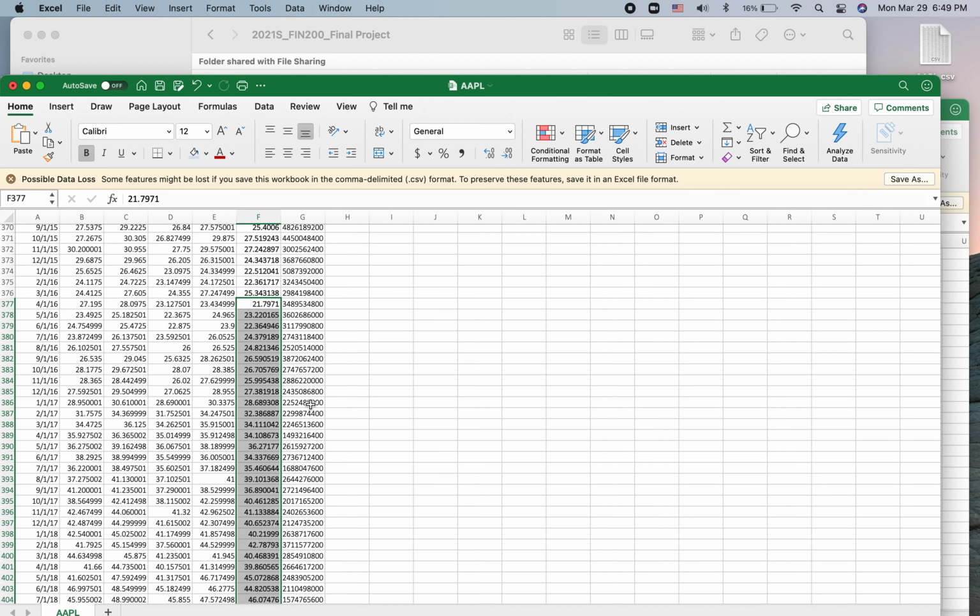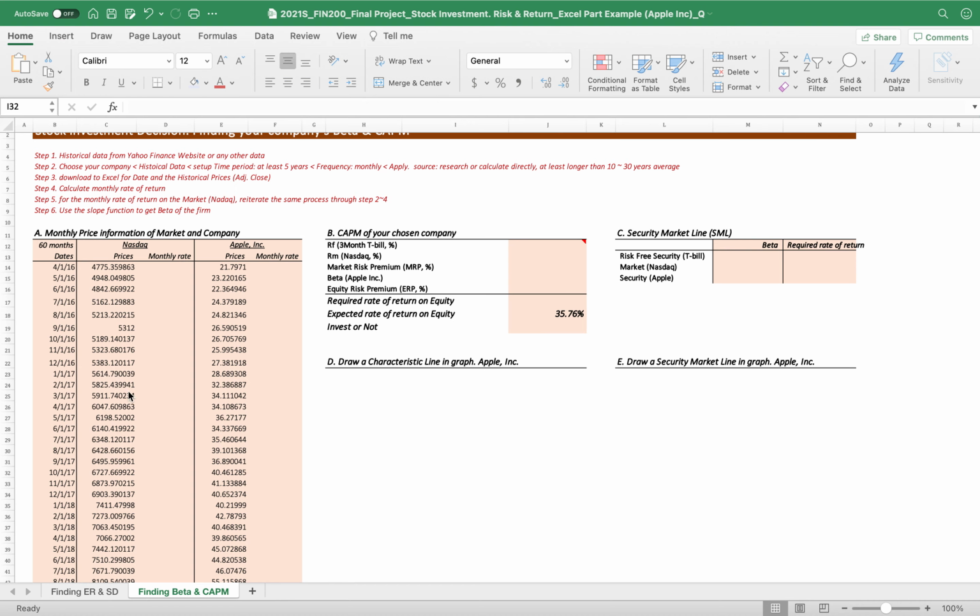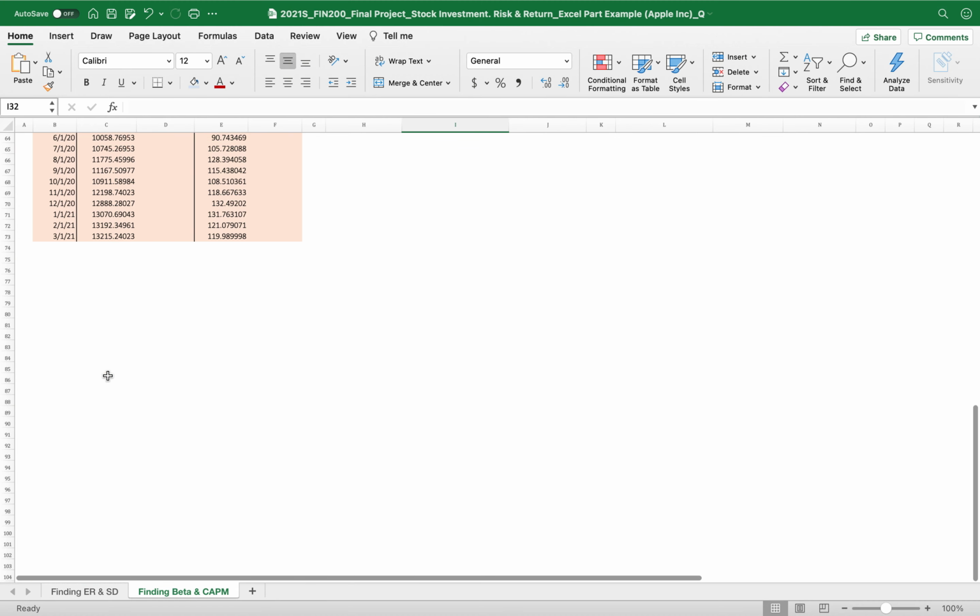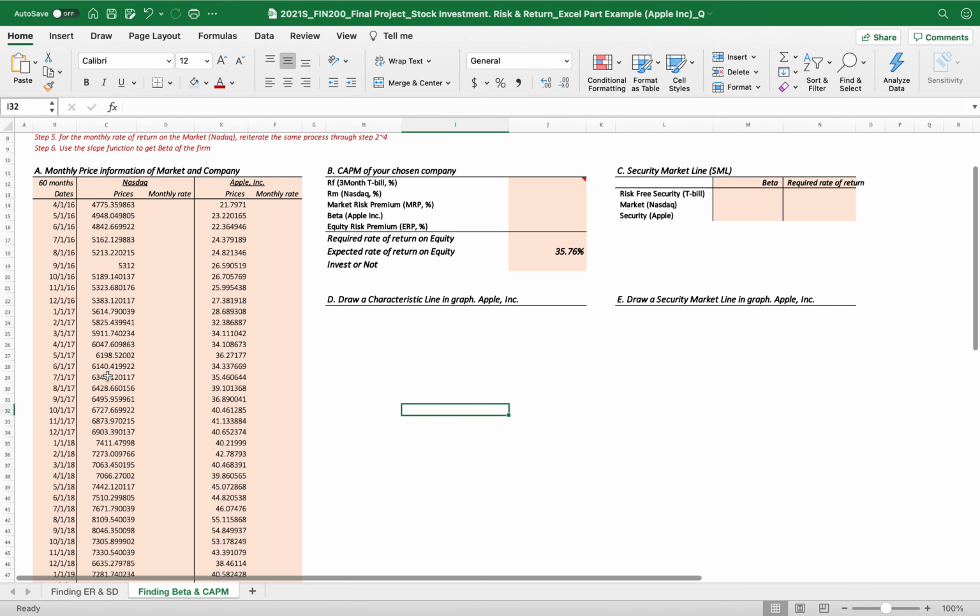That's why we are just collecting monthly. So 60 stock prices is enough, right? Daily stock prices are too sensitive. Weekly or monthly works, but monthly is recommended.